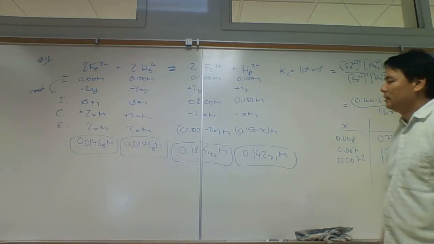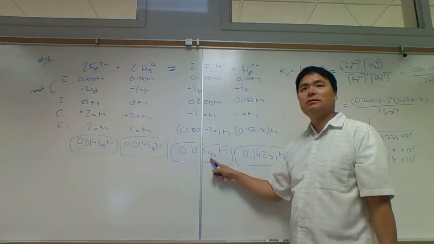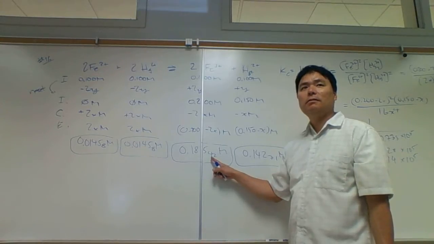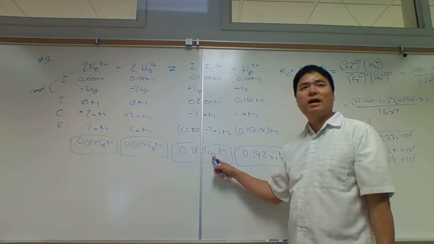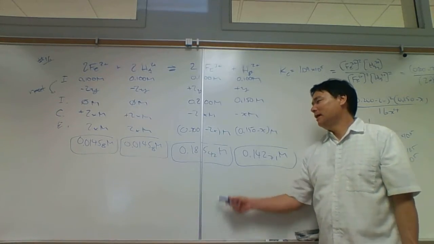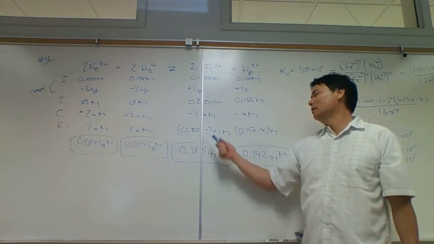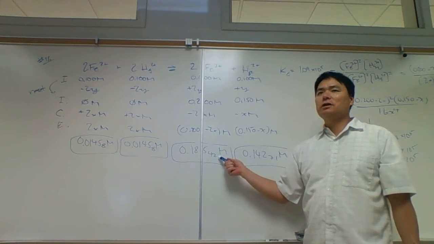Wait a minute. Don't I need to double this? Do I need to double this because it's 2x, right? No, I don't double. X is just some number, and this was 2. This is the actual concentration. I don't have to double it.